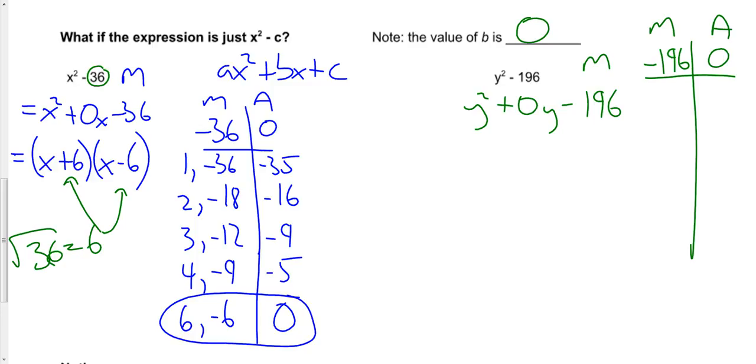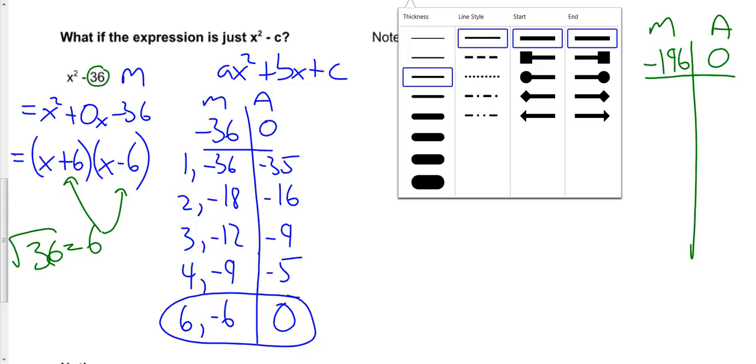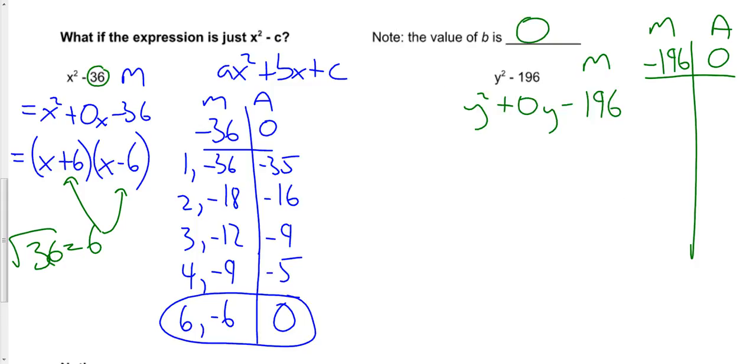But based on what we talked about over here on the left, if I take the square root of positive 196, the absolute value of 196, and put it in my calculator, that's going to give me positive 14.